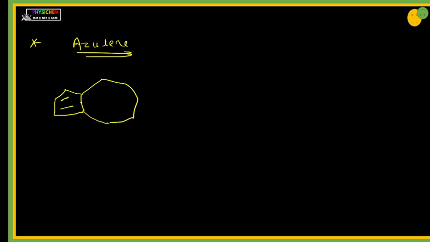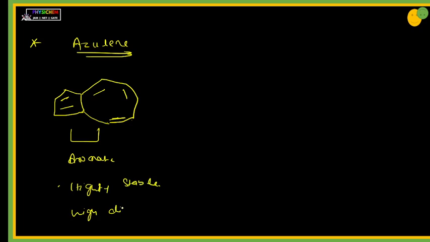Five-member ring, and this is a seven-member ring. 1 2 3 4 5 6 7, a 7-member ring. Okay, yeah, this is an aromatic compound, highly stable, and has a high dipole moment. Always a high dipole moment. Now this forms quasi aromaticity like this.